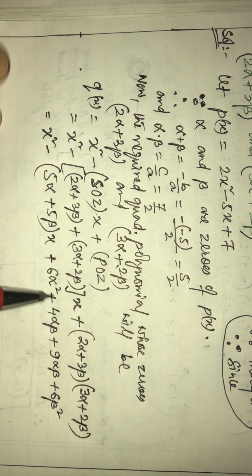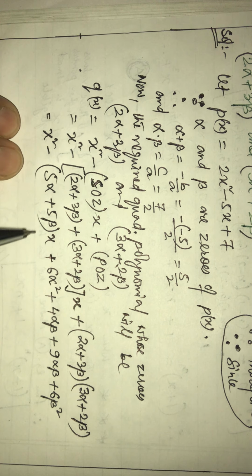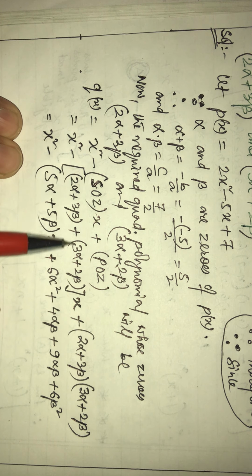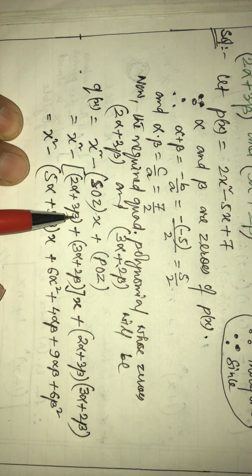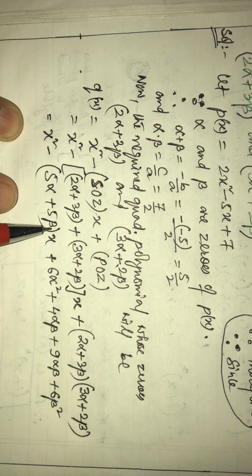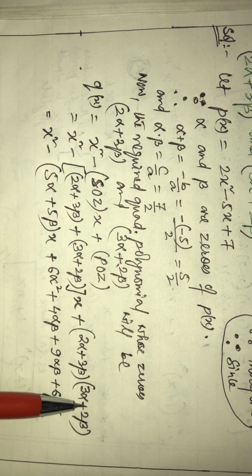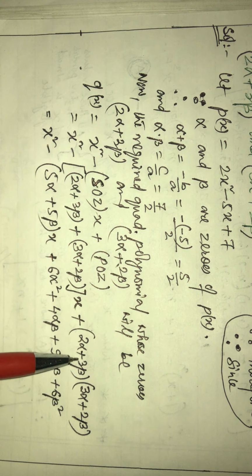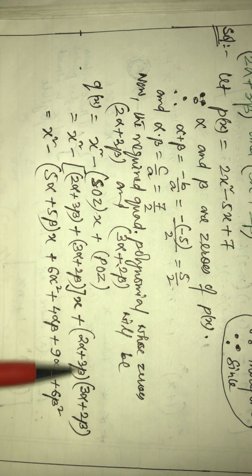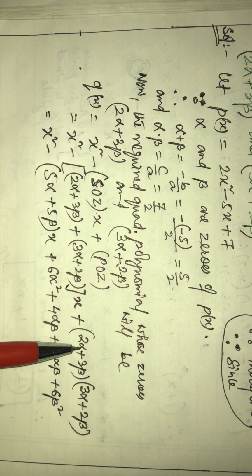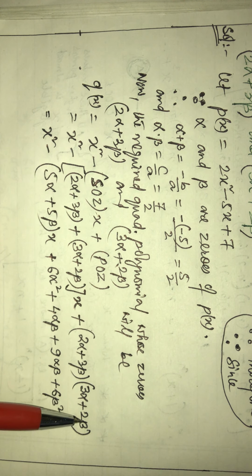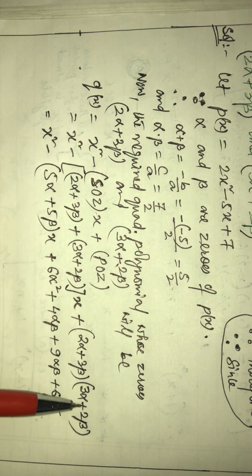Again, this was hidden. What I did, 2 plus 3 gives me 5 alpha, 3 beta plus 2 beta is 5 beta, so this was addition. Now here two brackets were kept with a plus sign in between them, so two brackets multiplying each other, so here we need to follow the distributive property. 2 alpha will multiply both, again 3 beta will multiply both.